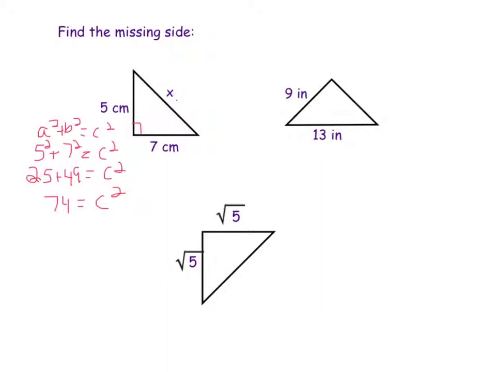So I add the a squared and the b squared, that equals c squared, and then we have to solve by finding the square root. So c is approximately 8.6. Now because, just like yesterday, this is an application problem, I am not going to take the positive and negative answer. I'm just going to have the positive because you can't have a negative length. So c is approximately 8.6.